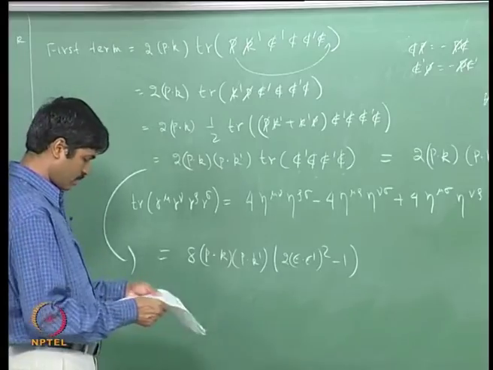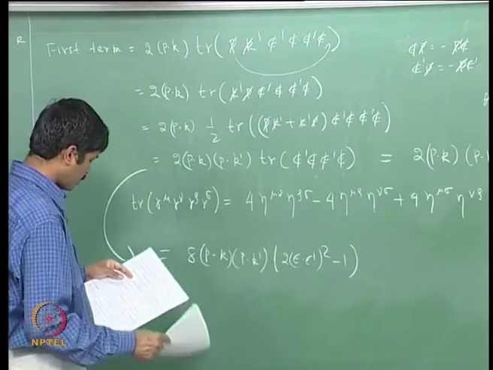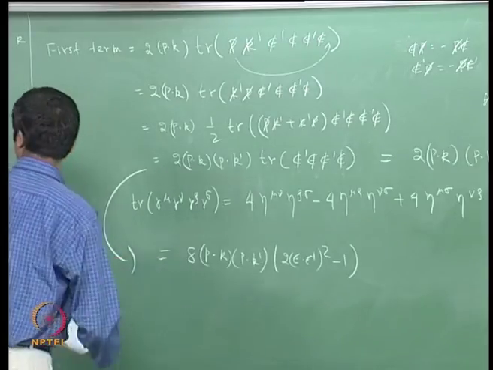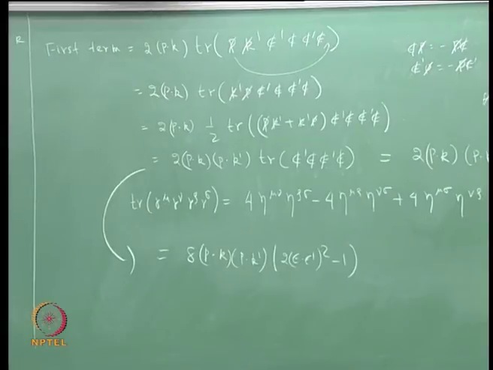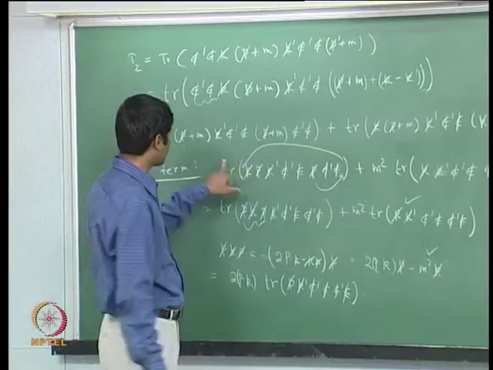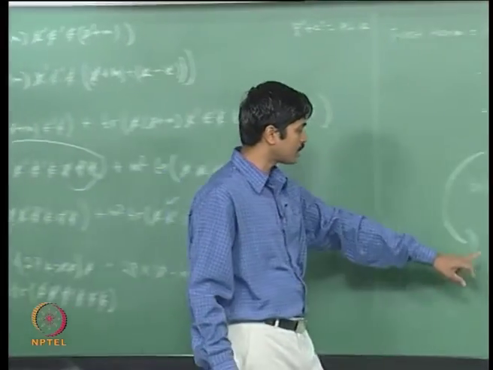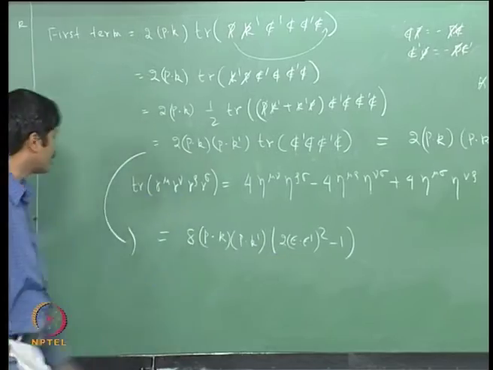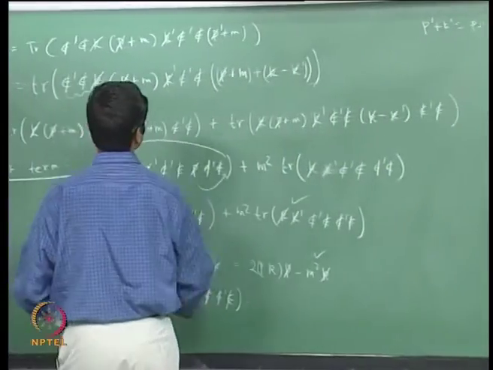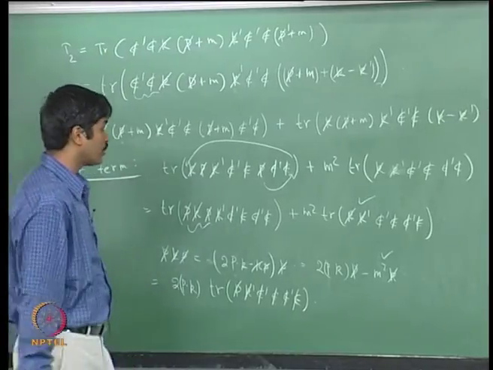All right. So, now that we have evaluated the first term, so this T2 has two terms. The first term we have evaluated, and then we have shown that this is equal to this. Now, we will come back to the second term here, and then we will evaluate this in more detail.